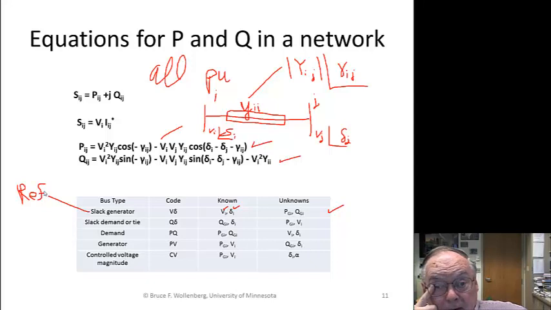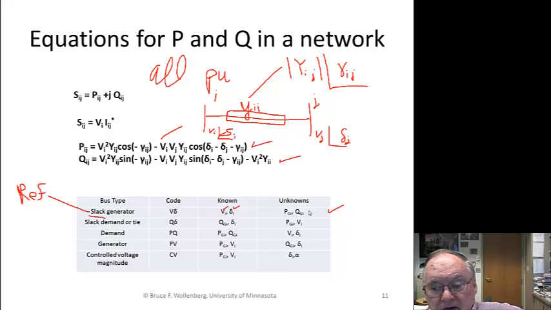It allows us to say, for example, I don't know what the flows are on the system before I start the calculation, so I don't know the total losses. So I can't tell you the total generation, because the generation has to supply the load plus the losses. The slack generator gets that name in its history because it picks up the slack.